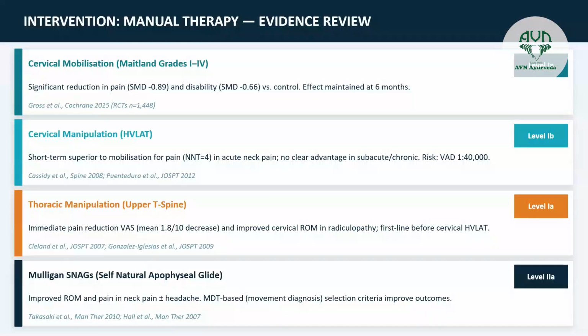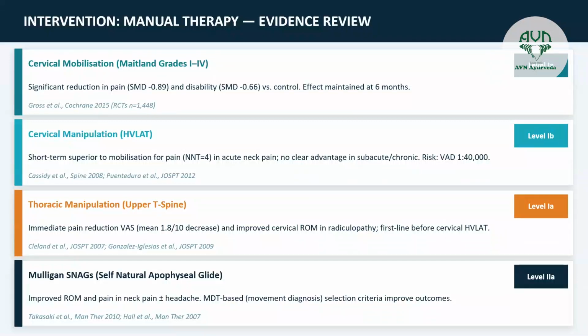So coming to the interventions, or manual therapy, according to the interventions that we are following. We have manual therapy, exercise therapy, and electrotherapeutic approaches, and certain other new modalities or new approaches have been coming into play.